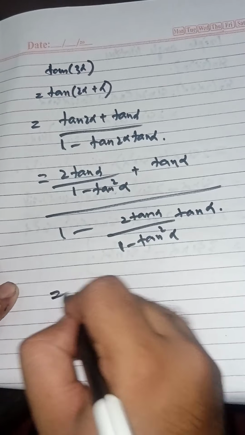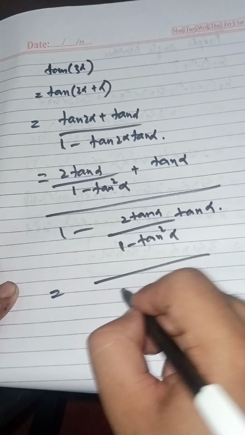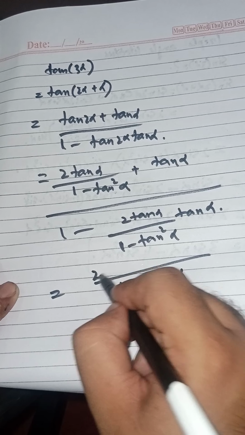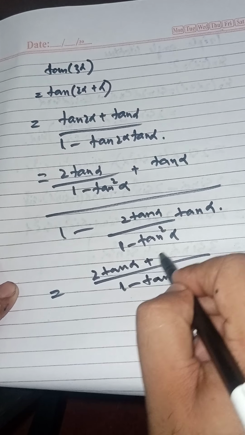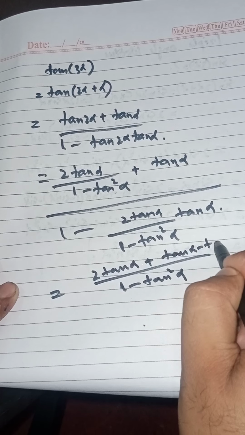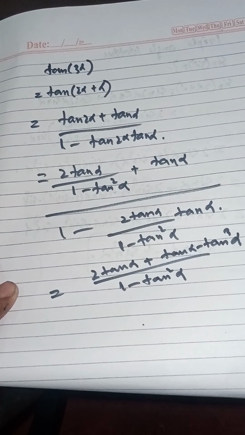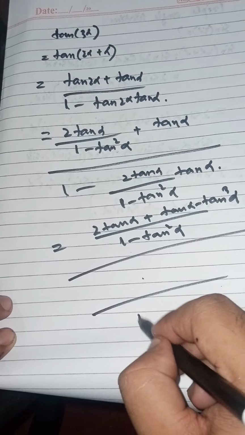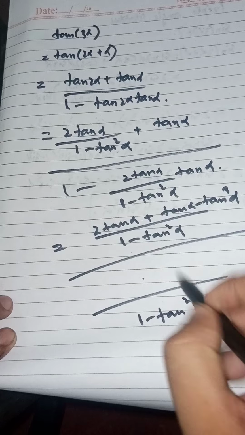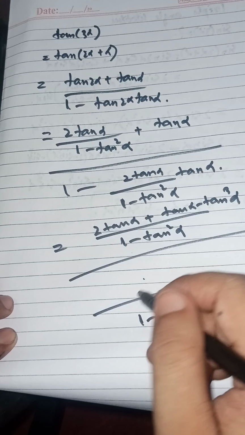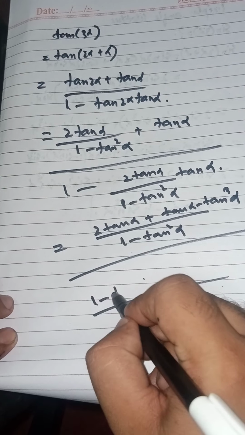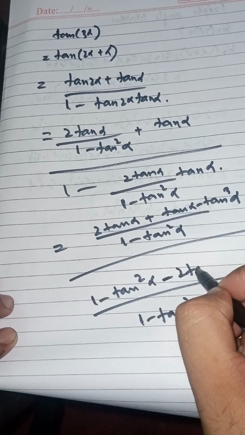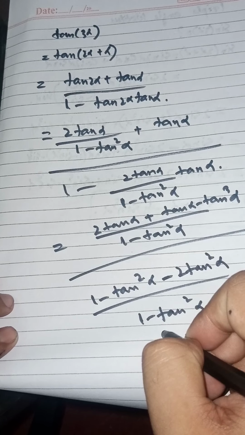So the LCM of the numerator is 1 minus tan square alpha, so it is 2 tangent alpha plus tangent alpha minus tangent cube alpha, and the LCM of the denominator is also 1 minus tangent square alpha, so it is 1 minus tan square alpha minus 2 tan square alpha.